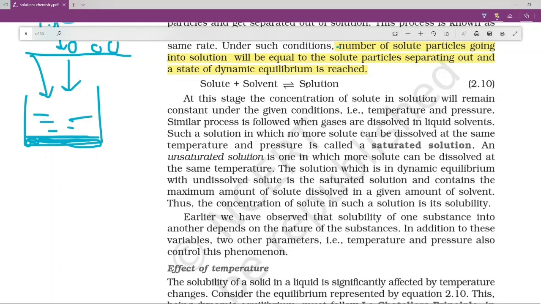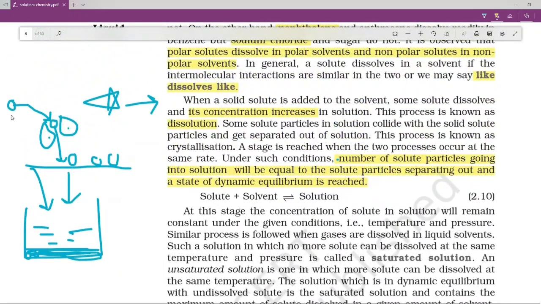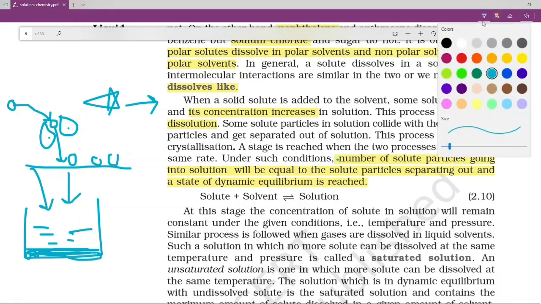So whatever solute particles were going inside will now be equal to the amount which are coming outside.